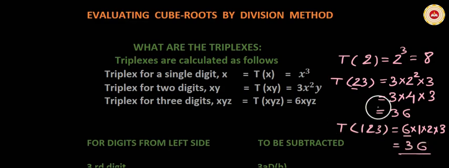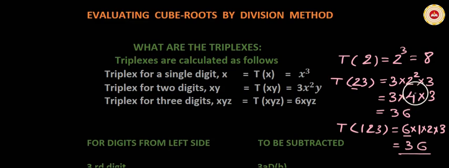Okay friends, what is the use of these triplexes? See friends, we calculate net dividend from gross dividend. In Bhajanka division method we subtract the cross product of quotient digits and divisor digits from the gross dividend to get the net dividend.